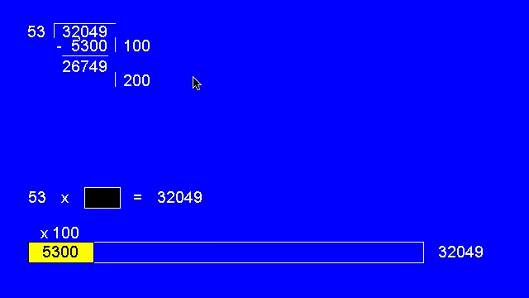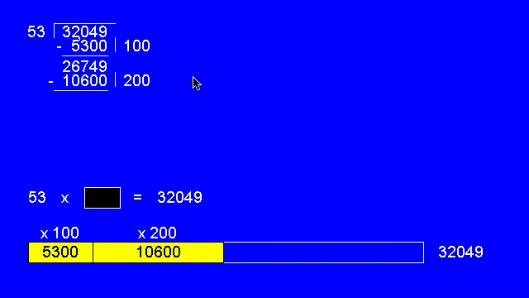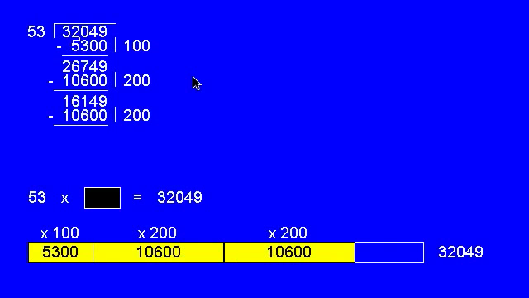So 200 multiples will give us 10,600. And the remainder, 16,149. So we can do another 200, 10,600 again. And we have 5549 remainder.